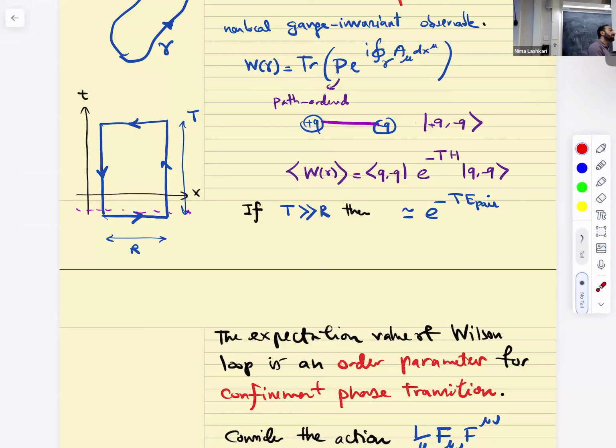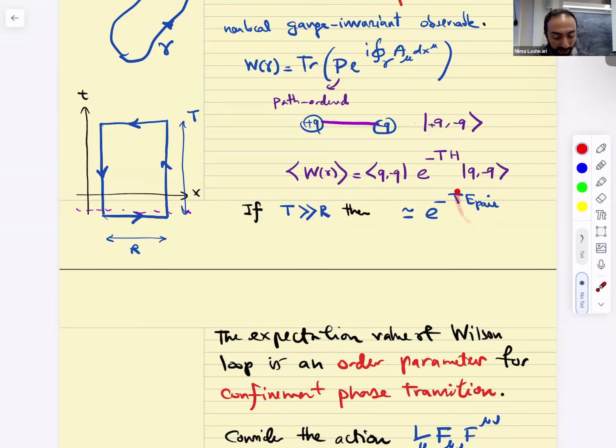Now, below the transition, when the theory is confined, we're going to find a potential that's linear in R. So it grows, and that would correspond to the area law. So the value of the Wilson loop will be proportional to the area. So that's how this Wilson loop could be used to detect the transition. Is it clear why area law?